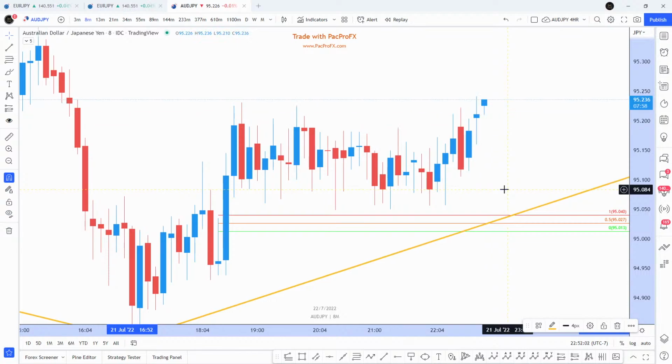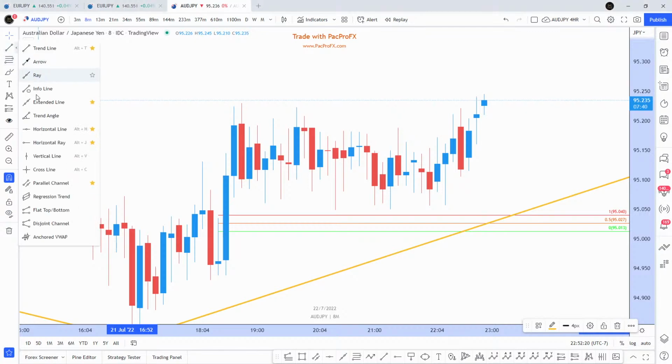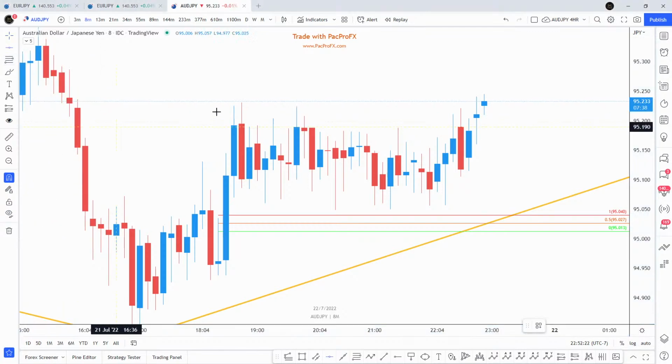So that candle did not close higher. The body did not close higher than here. Okay, so it's still in play. This candle started, though, higher. Well, let's see. Did it start higher, or is it just like one tick off?